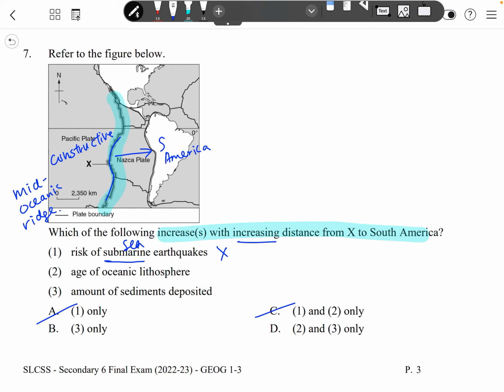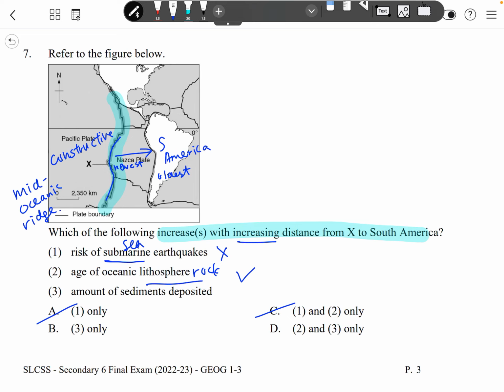Number 2, age of oceanic lithosphere means the rock. Along the plate boundary, the rock is the newest. When they increase distance, the rock is getting older. Towards South America, the rock is the oldest, so it increases with increasing distance from X. So number 2 is correct.